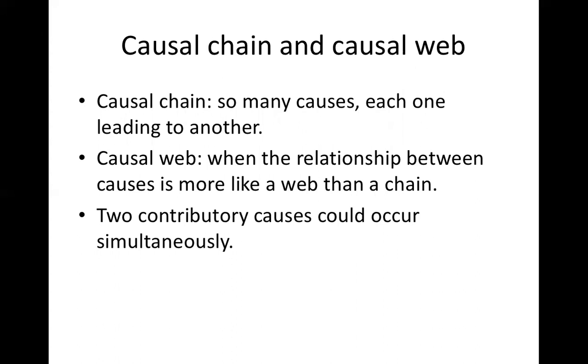So the difference between a causal web and a causal chain is that for a causal chain, the causes happen one before the other. One leads to another, one leads to another. So they are in a chronological line. But in a causal web, they happen at once, beside one another. They happen at the same time. And they are contributing to the same effect at the same time.